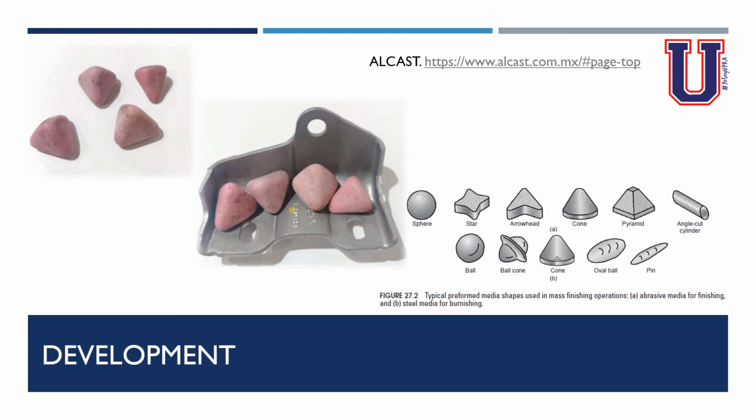These are the typical performance media shapes used in mass finishing operations. Section A is abrasive media for finishing, and section B is steel media for burnishing. We use the first section, for example. These are real pictures of the work.